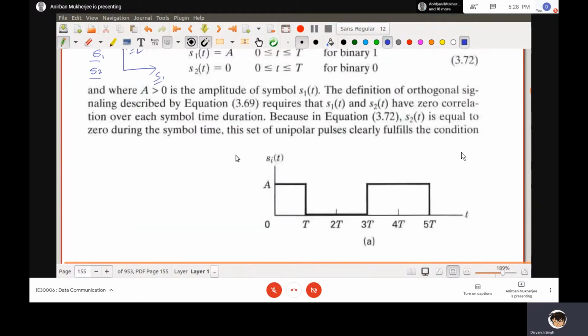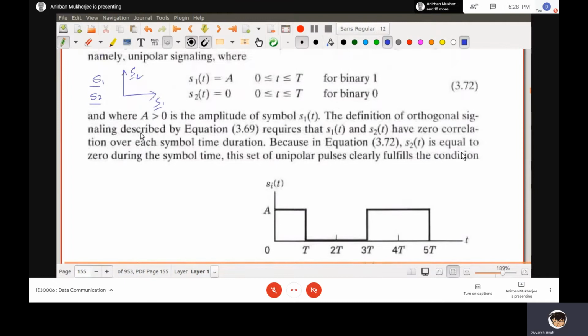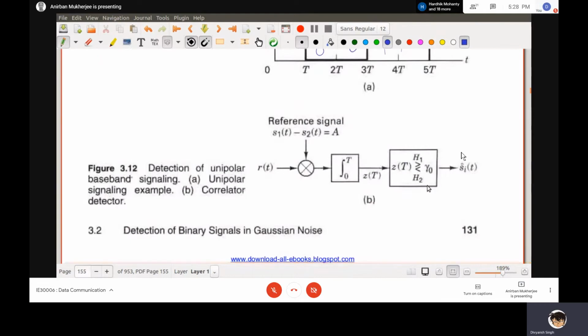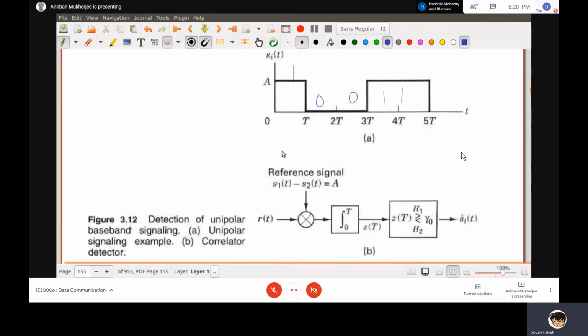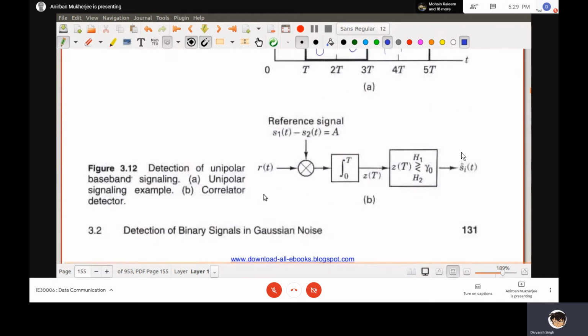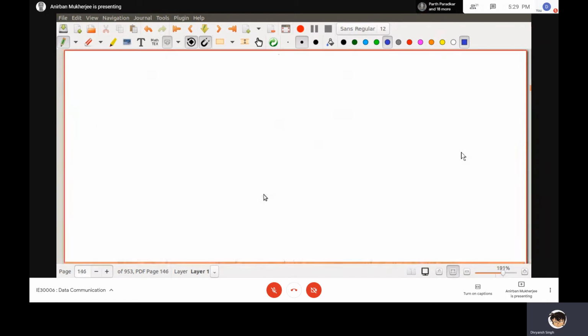And they have chosen that the signal they are transmitting is like 1 0 0 1 1. So your binary signaling S(t) will be like this. That means this is your S(t) and R(t) and all these things. If you can remember, this is my S(t). Now what is my R(t)?